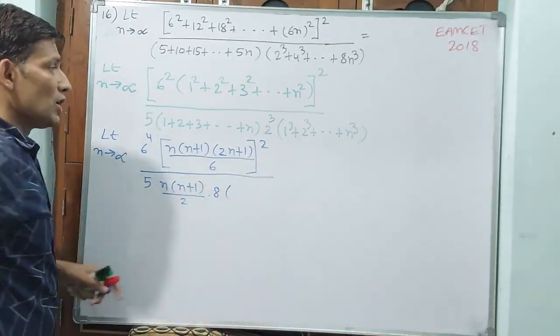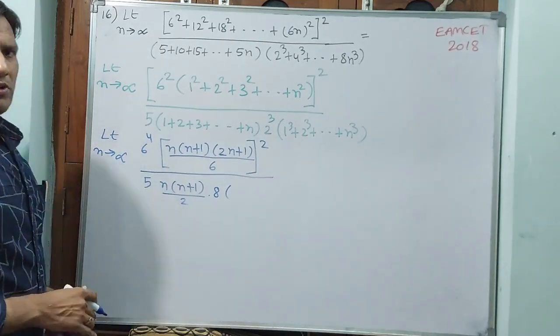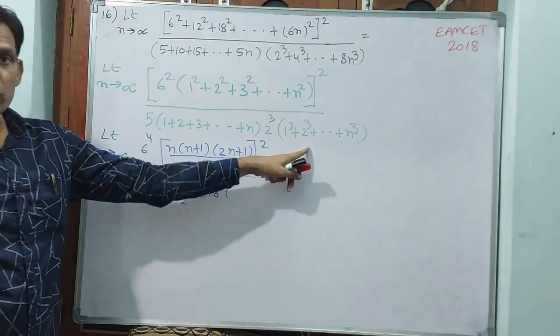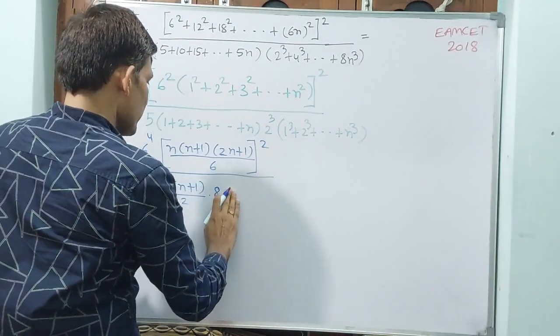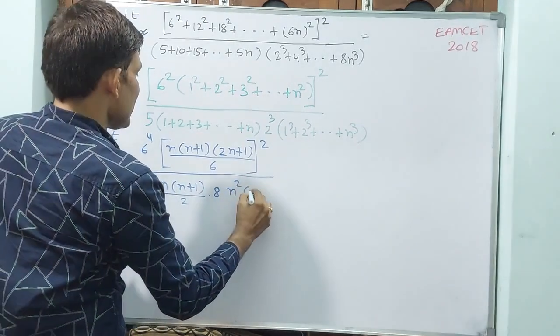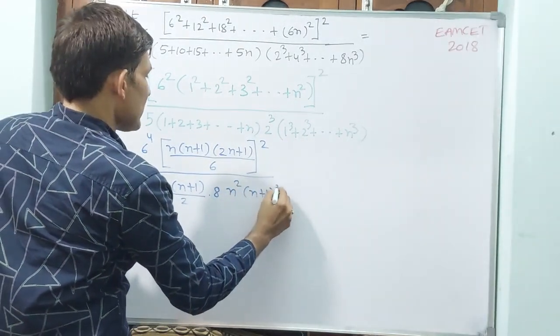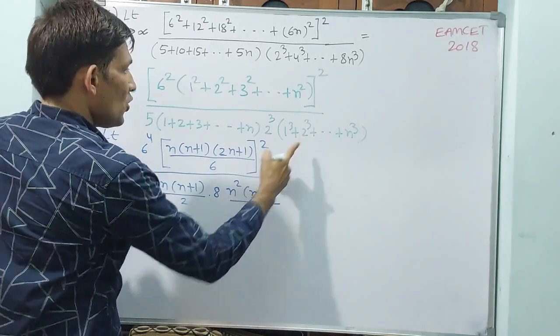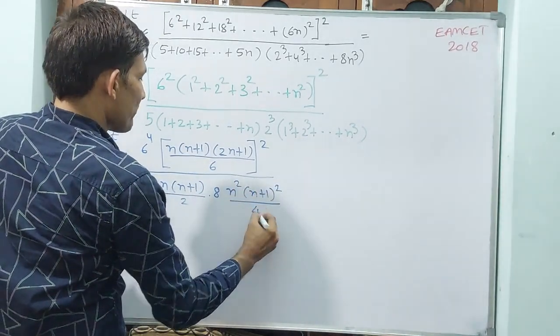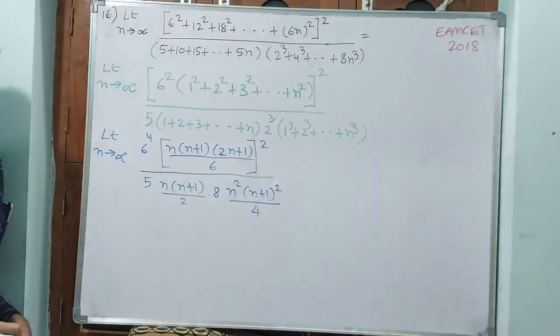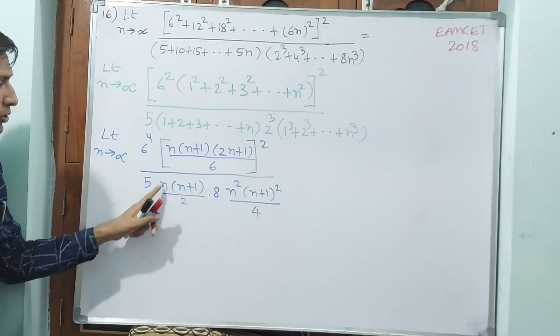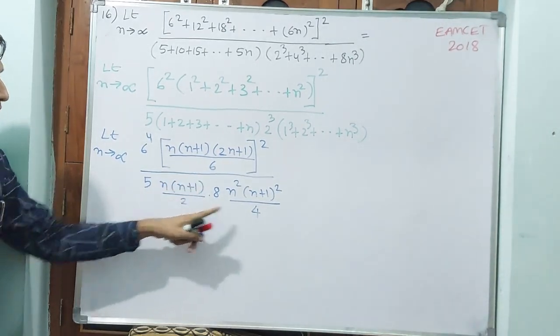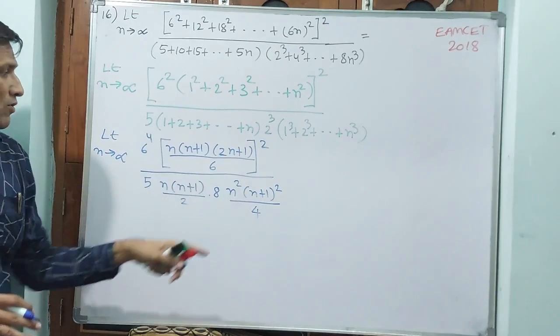This cube formula also we know. The same formula square we have to apply. That means n square n plus 1 square by 2 square, that means 4. N into n plus 1 by 2 whole square. Over. Now you segregate this.